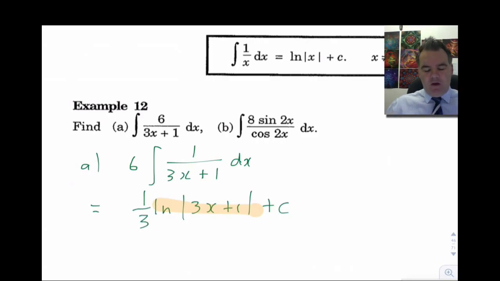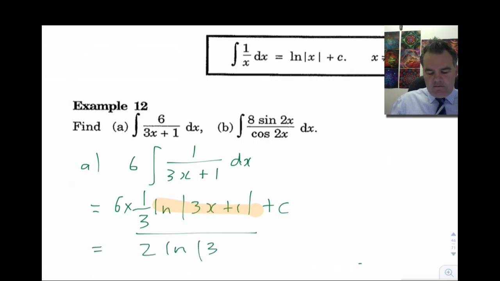Now that's correct. If I differentiate this function here, I'll get 1 over 3x plus 1 times 3 divided by 3. That works. But of course, we've got the 6 at the front here, so we end up with 6 times a third, which is 2. We end up with 2 ln 3x plus 1 plus c.